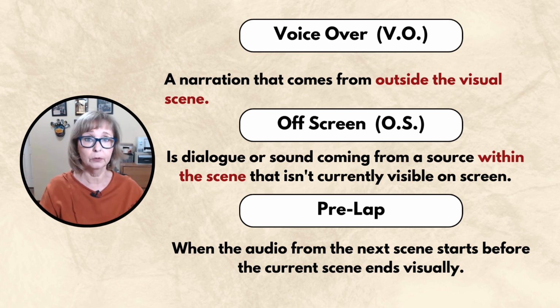For example, you have a scene of the ocean, and then you hear somebody reading a book over the ocean, and then it cuts to the person reading the book. That's the overlap. It's overlapping the scene. Those are the three scenarios you would have when it comes to off-screen dialogue.